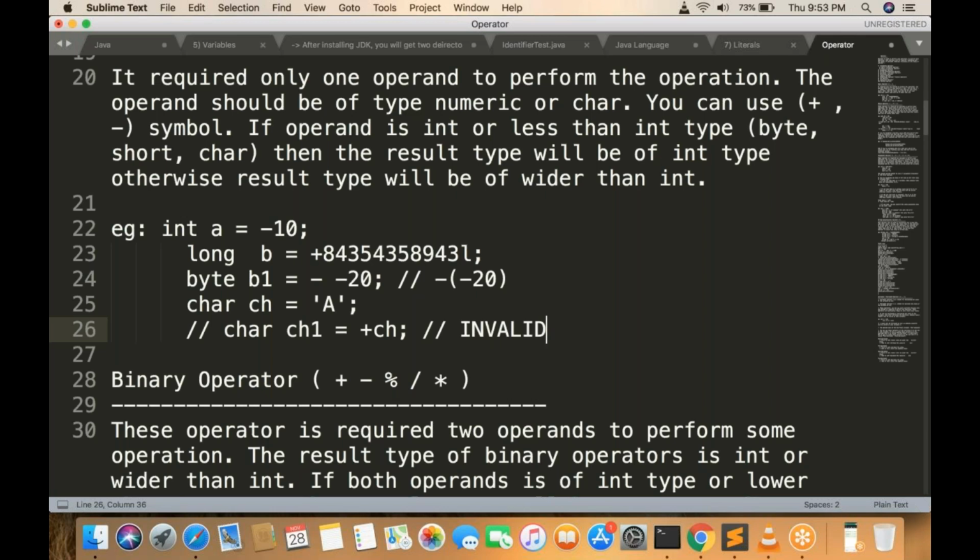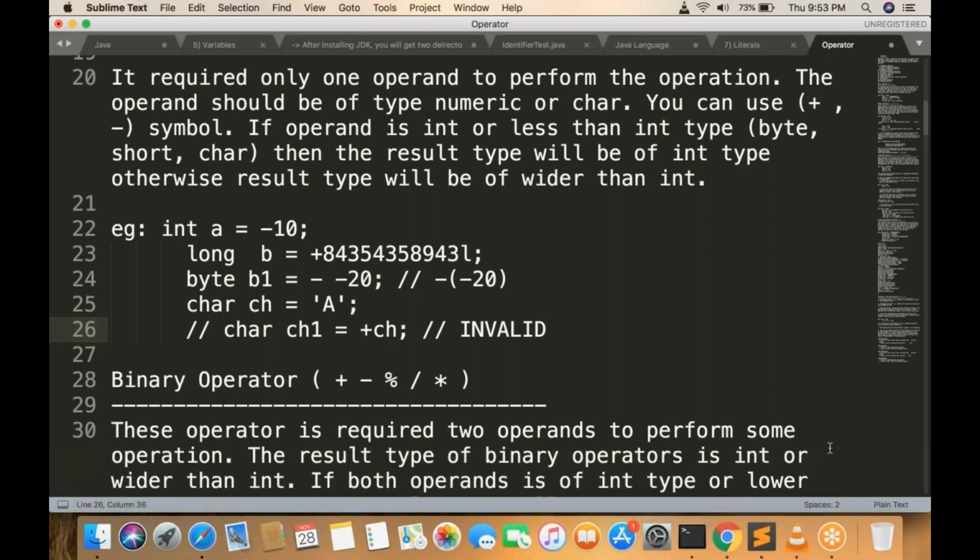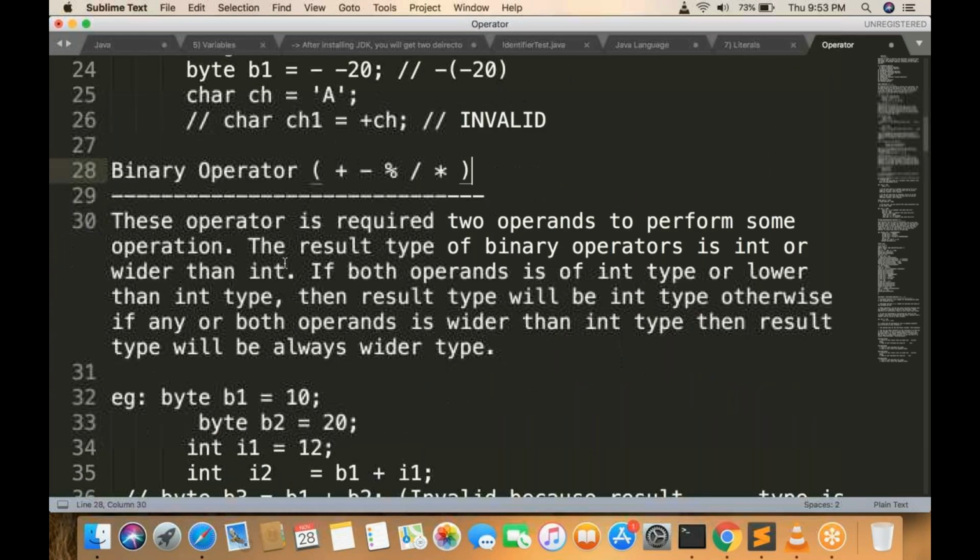Should I repeat it again, or is everything clear? Okay, so less than int means the data type I'm talking about.